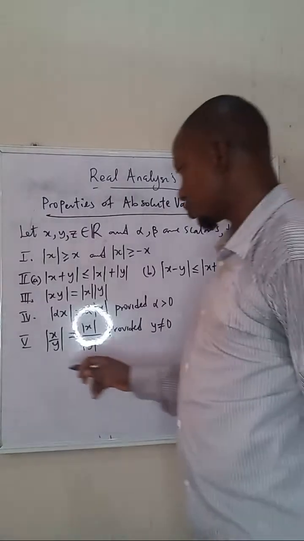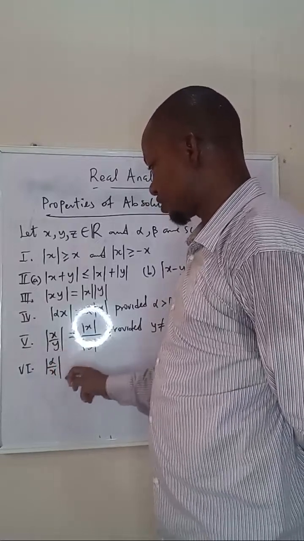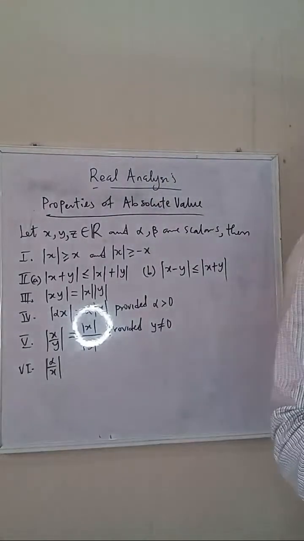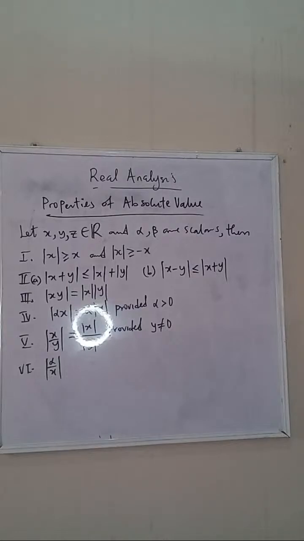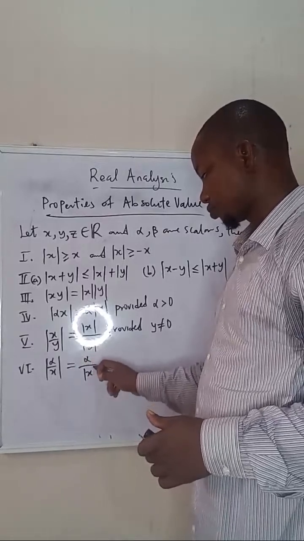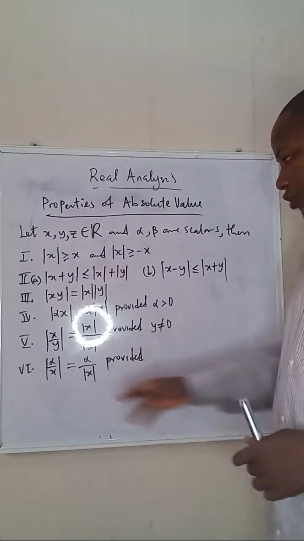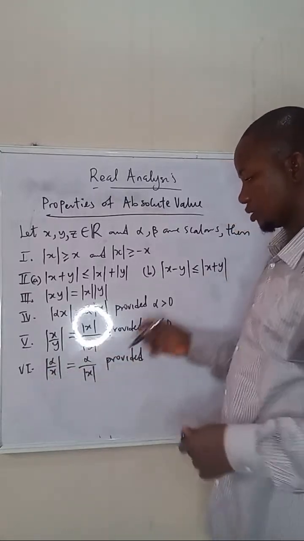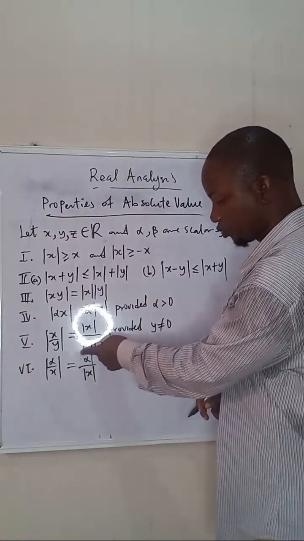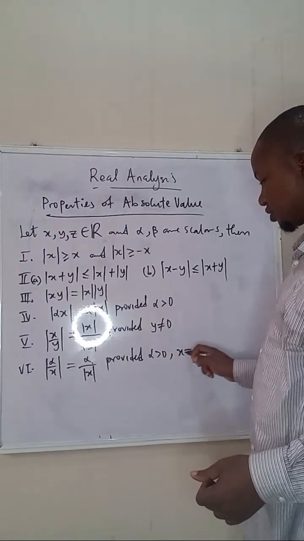Also, we can deduce the fractional form here, that if you have this, you can split the absolute value on them, like this, but here we can remove the absolute value, provided alpha is positive and x is not 0.